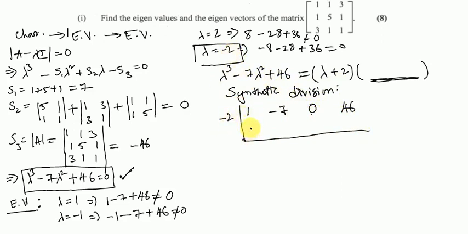First we put 0 and add them up. 1 plus 0 is 1. Again multiply these two terms. Minus 2 into 1 is minus 2. And add these two: minus 9.